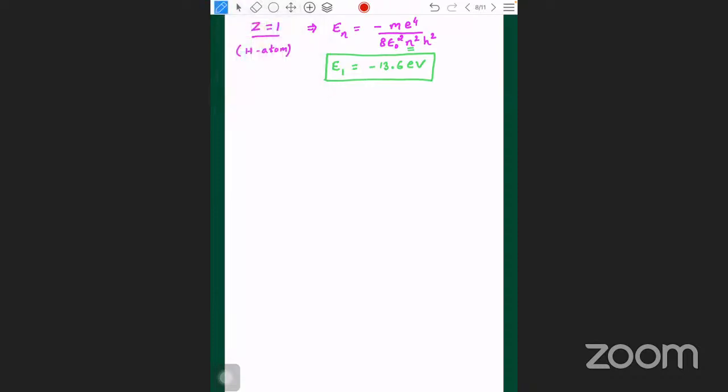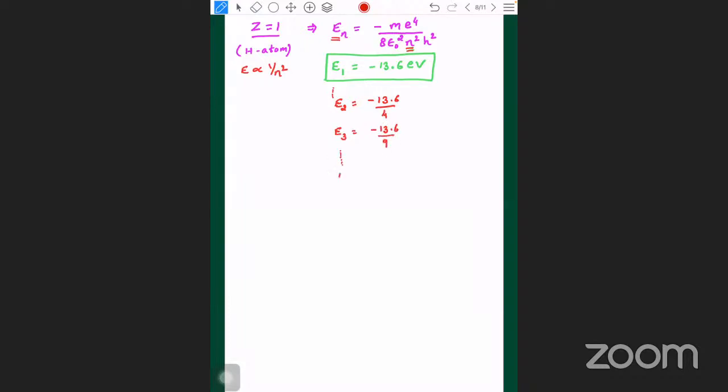Now, can you find the energy in the second orbit? Minus 13.6 divided by what? Have a look. Energy is inversely proportional to n squared. So whatever the E1 value we have, you divide by 2 squared, that is 4. What about E3? Minus 13.6 divided by 3 squared, that is 9.